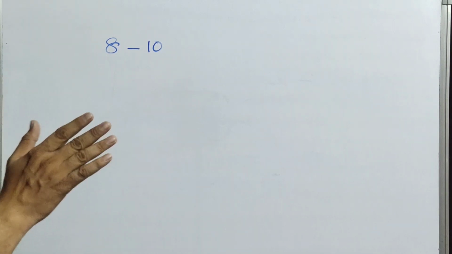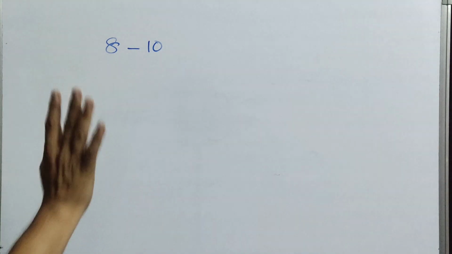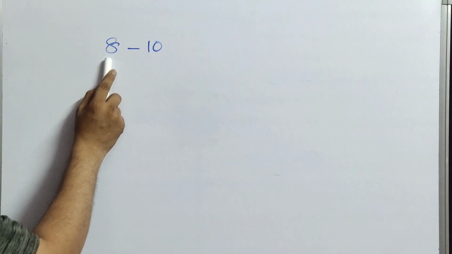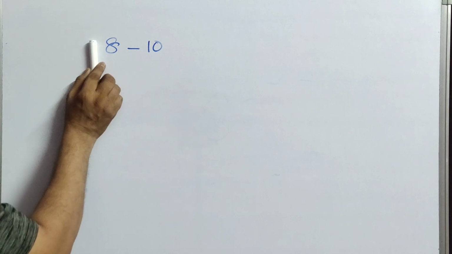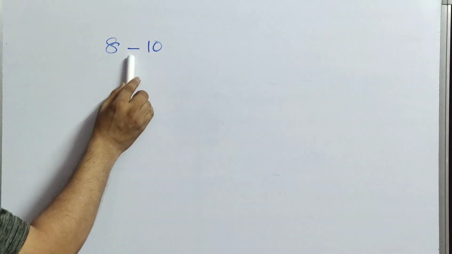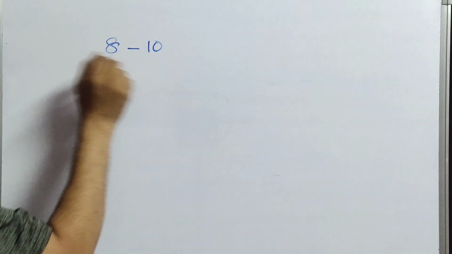In algebra or integers, whatever it may be, only symbols. Once you write a wrong symbol, the full sum is going to go wrong. So observe very carefully. Here 8 is plus 8, as I told you, the starting number, so we have to consider this one as a plus. And minus 10. So 1 plus and 1 minus.